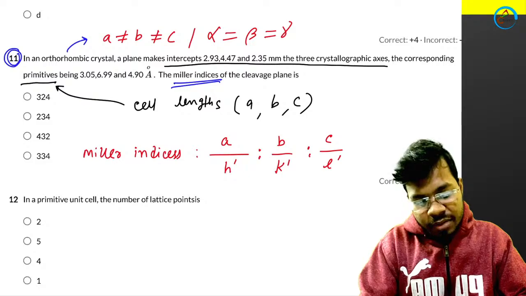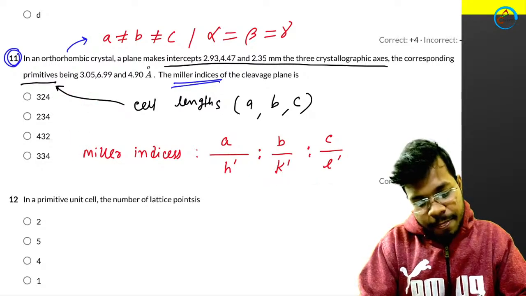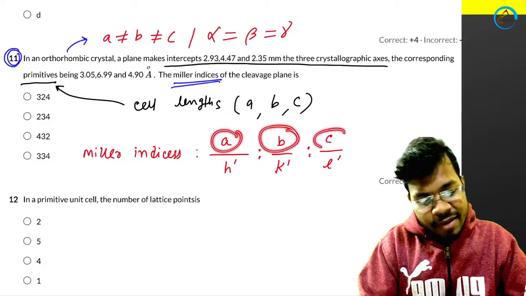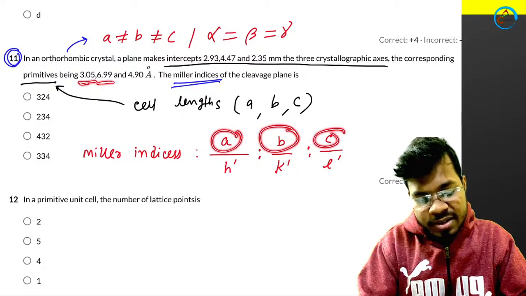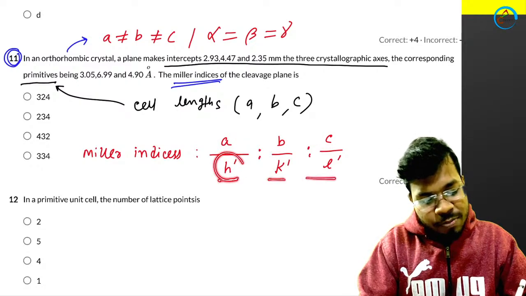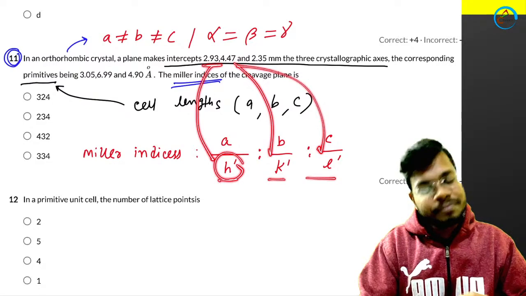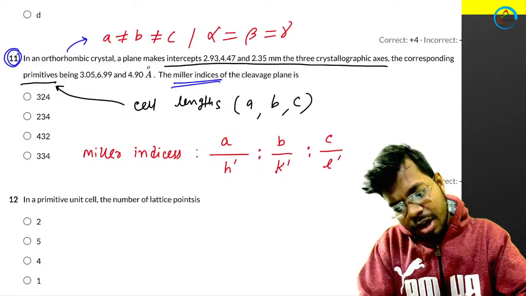So here there are 4 options. Now you know the side length values. The a, b, c values are 3.05, 6.99, 4.90. And you know the values corresponding to h prime, k prime and l prime. The first one belongs to a, second one is this, third one is this. So now let's solve this problem.